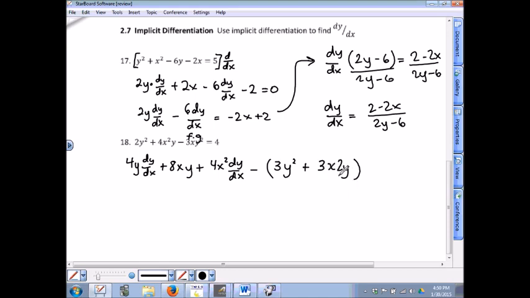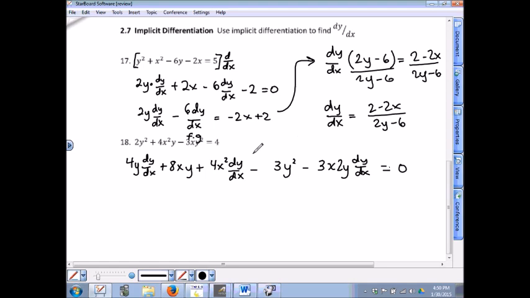So it's 2y dy dx, and that's equal to 0 because the derivative of 4 is equal to 0. So distributing the minus sign here, we just get rid of the parentheses and change that to a negative.